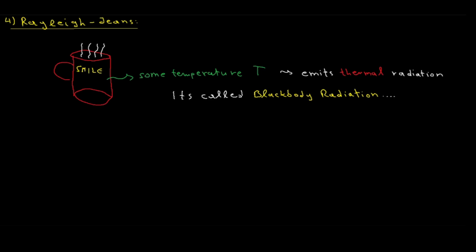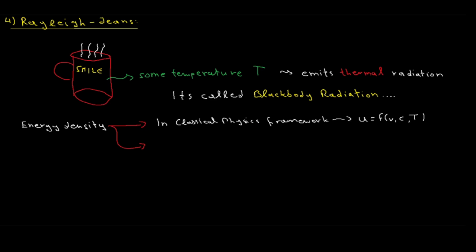In order to understand how to describe the radiation, we need to understand the concept of spectral energy density. In the framework of classical physics, the spectral energy density of blackbody radiation is a function of the frequency of the radiation, the speed of light with which the radiation travels, and the temperature of the body that emits the radiation.